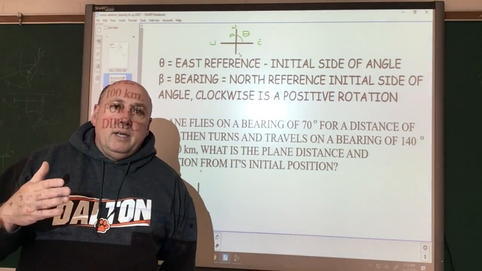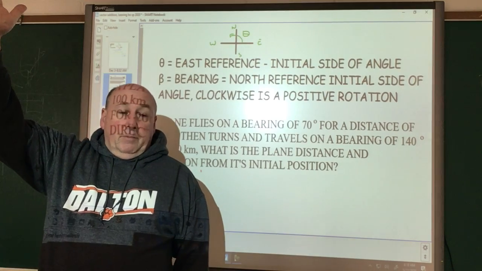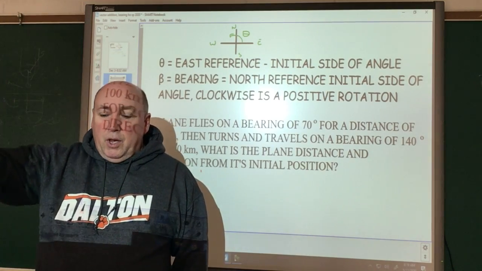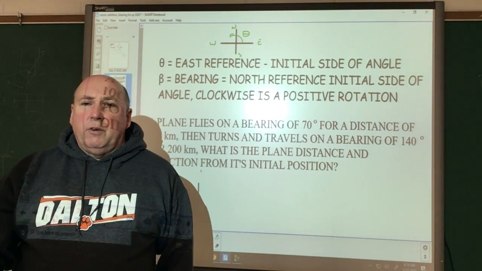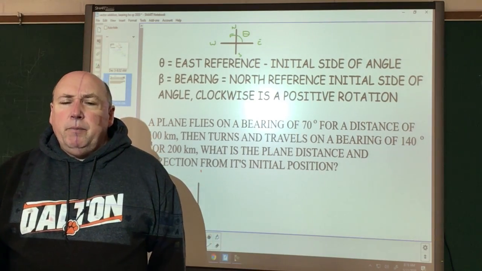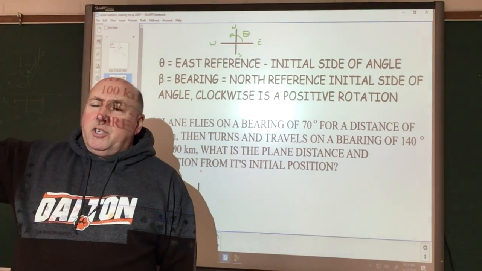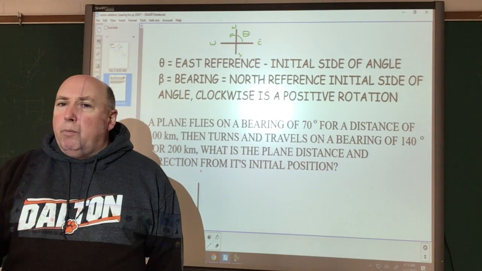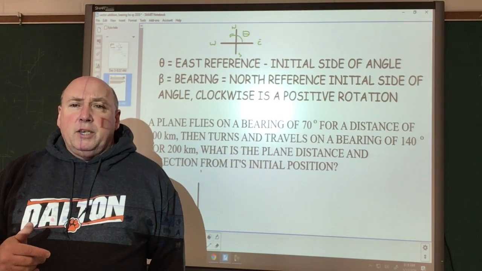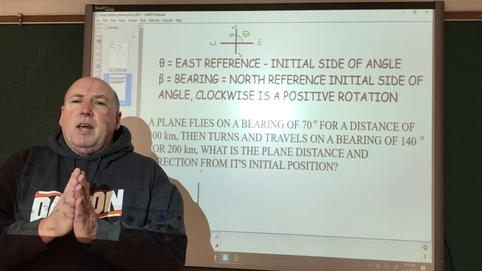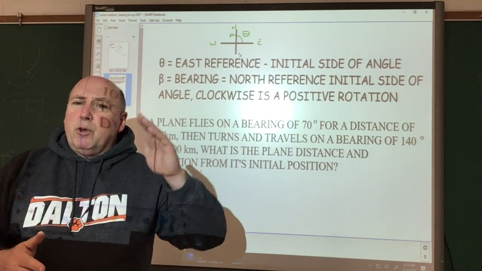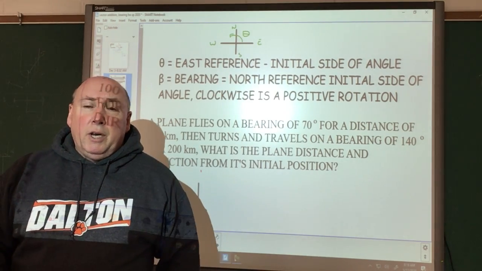And when you're in the air in an airplane, you have no frame of reference in regards to the direction that you're going. When you're on a ship out in the middle of the ocean, you have no bearing on the direction that you're going. You need to have a compass there, which is a north reference that will tell you which direction you need to be going.